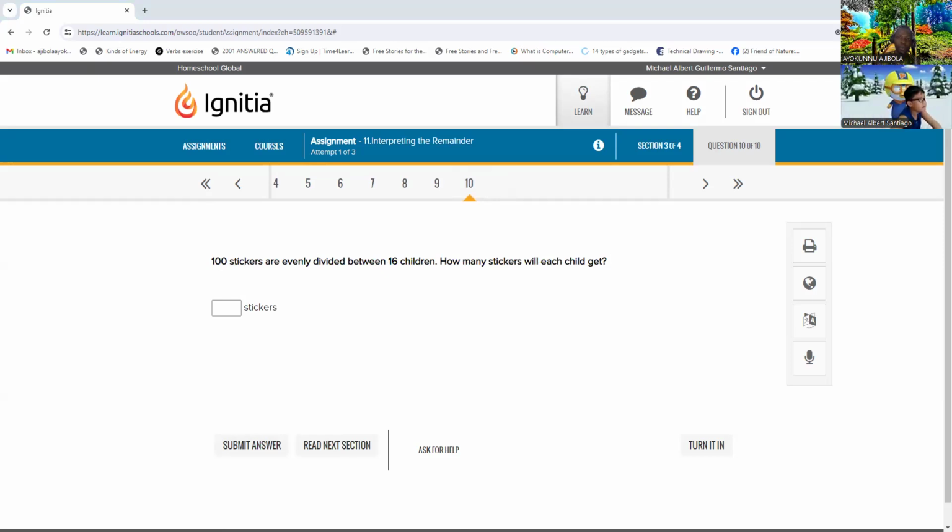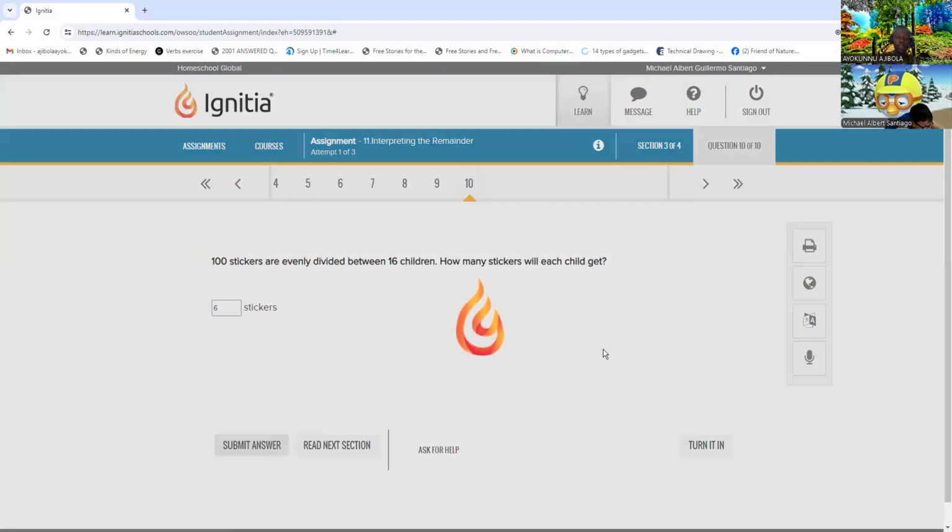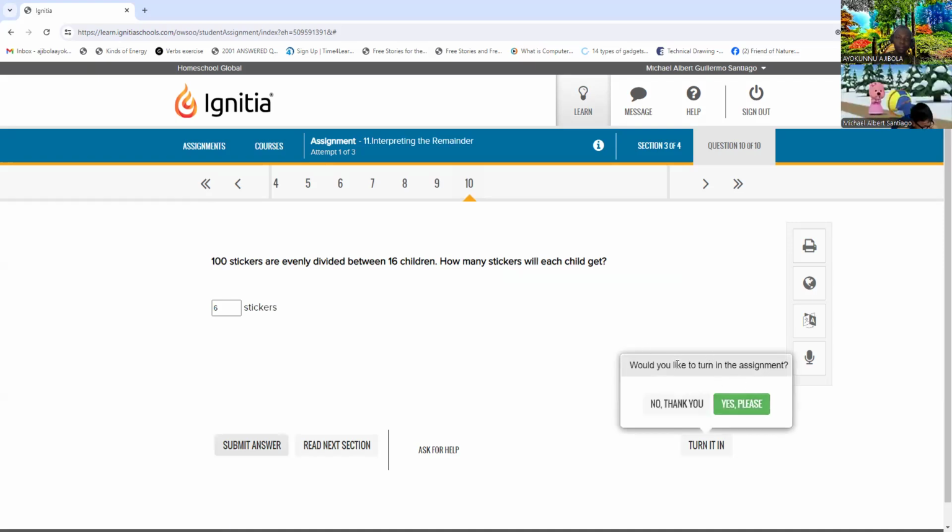So, what do you think? 100 divided by 16, because there are 16 children. Each person will have 6 stickers and there will be 4 left over, okay? So can we submit the answer now? Yes. Good.